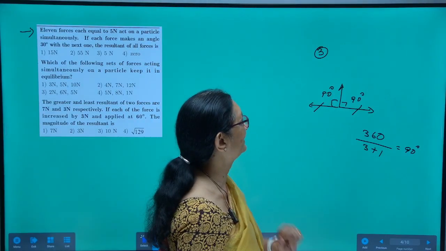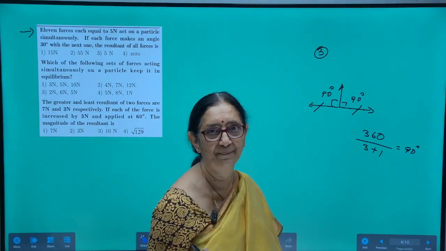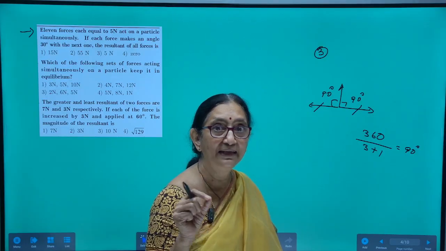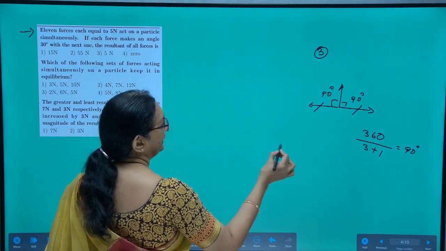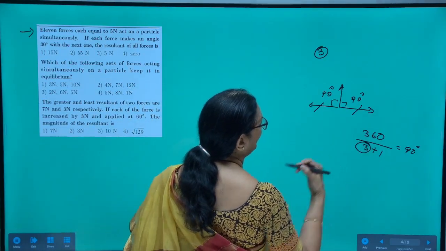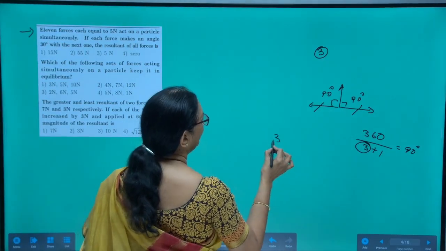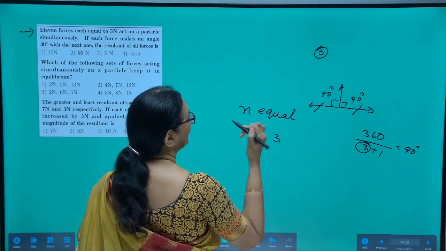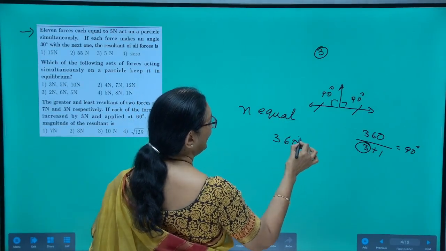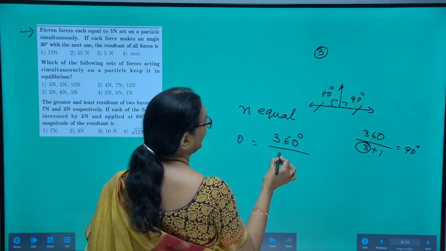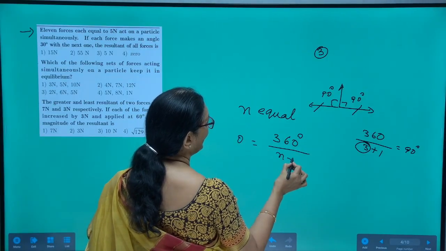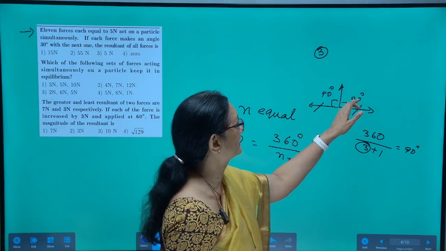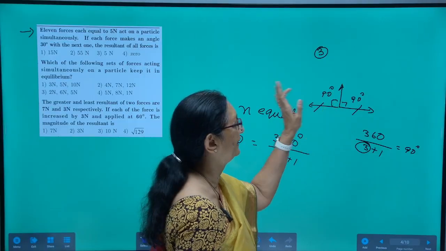So, the resultant is equal to one of them. If we extend the same theory to n equal vectors, n in place of 3, we have n. So, if n equal vectors, vectors of the same magnitude, are at an angle 360 by (n plus 1) with the next one, the angle between this and this is 90, this and this is 90, like that.